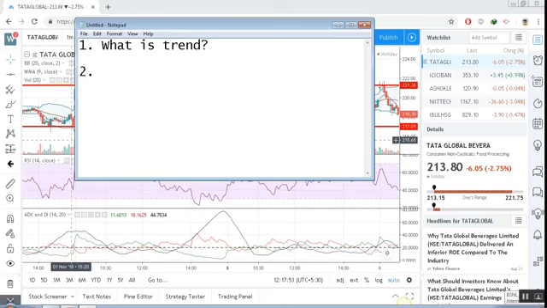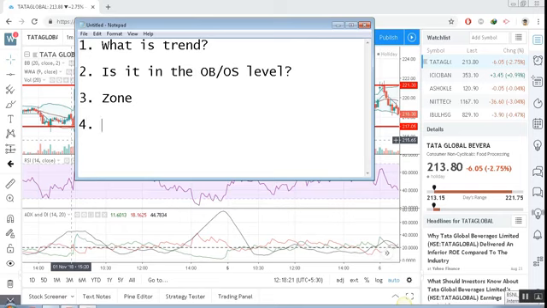The second question you should be asking is: is it in the overbought or oversold level? I'll explain. Third, the zone: whether it is in the buying zone or the selling zone.